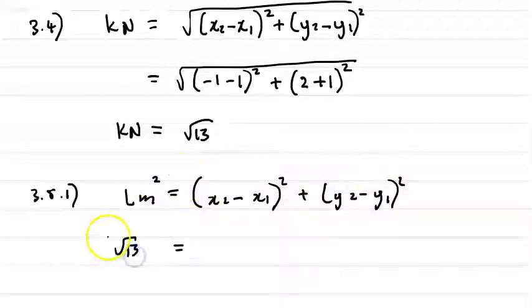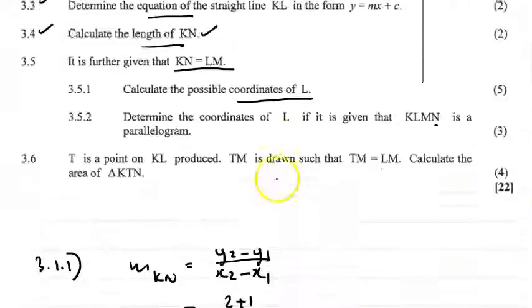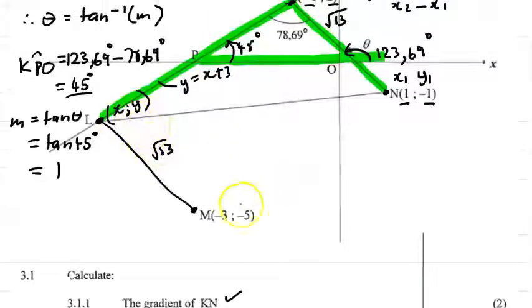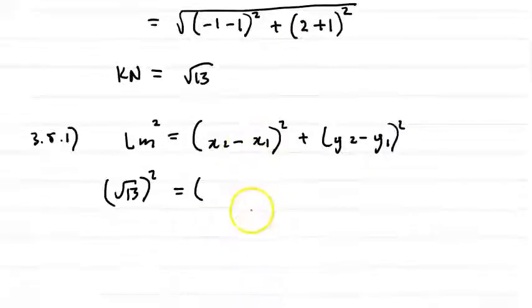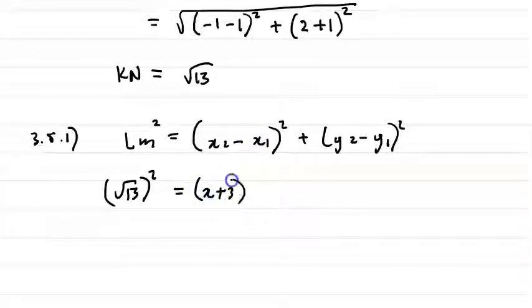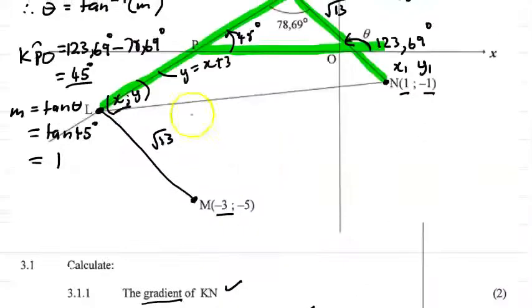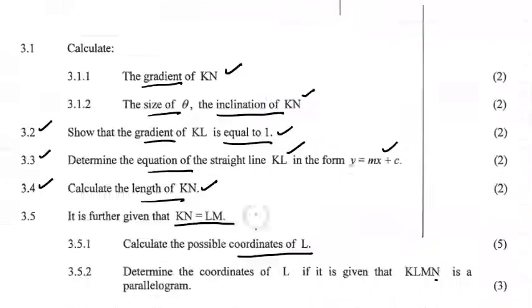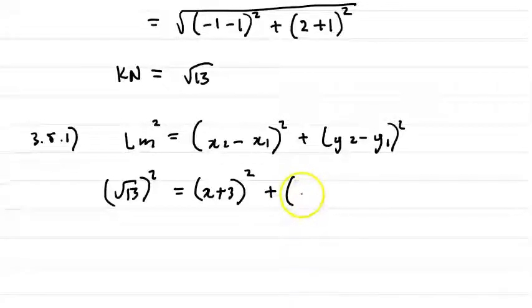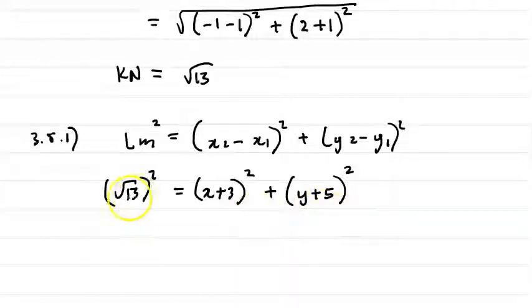So we'll say root 13 all squared equals x2 minus x1 all squared, which will give us x minus negative 3, and x minus negative 3 is x plus 3. Let's write that down: x plus 3 all squared, plus, what do we have here? y minus negative 5, so y plus 5. I'm doing that because minus times a minus is a plus. So the square root of 13 all squared is 13, equals.